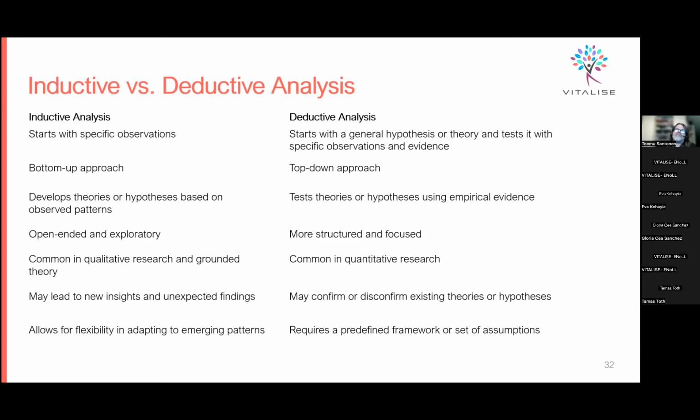It's open-ended and very exploratory. The idea is to find new insights from your data, maybe unexpected findings that we didn't understand before, so you discover something important, for example, for the users.